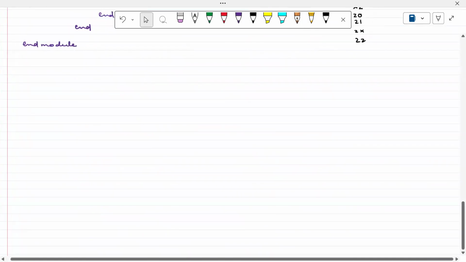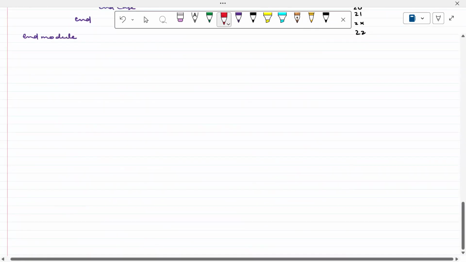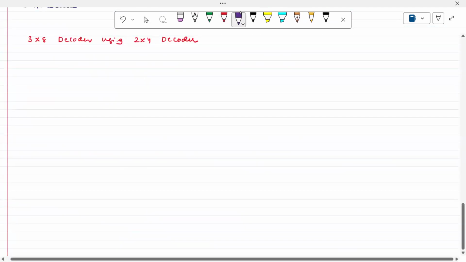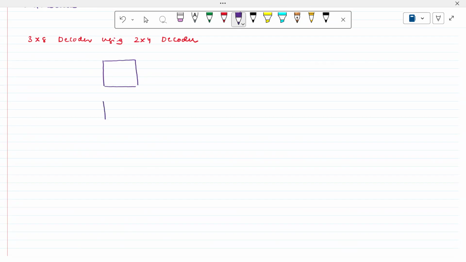My requirement is a 3x8 decoder using 2x4 decoder. Okay. So what we have to do here? So first of all, we have to take the 2x4 decoder. That means the two by four decoders I have to consider, right?